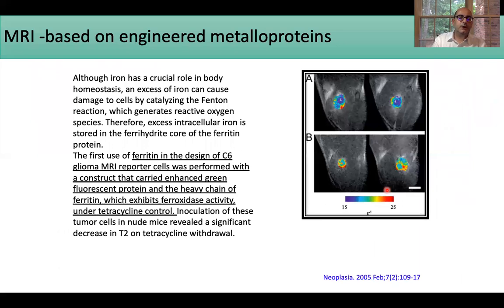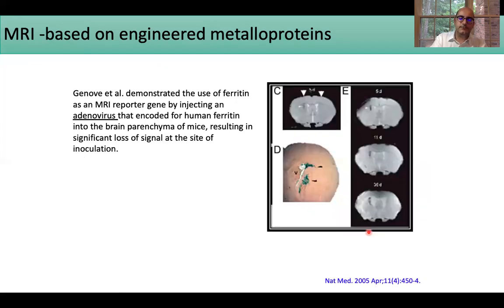Later on, Michal Neeman and her group demonstrated that you can transgenically express the ferritin, in this case in a C6 glioma. You can see from the image that the cells that express the ferritin have marked reduction in the T2 contrast compared to control cells.